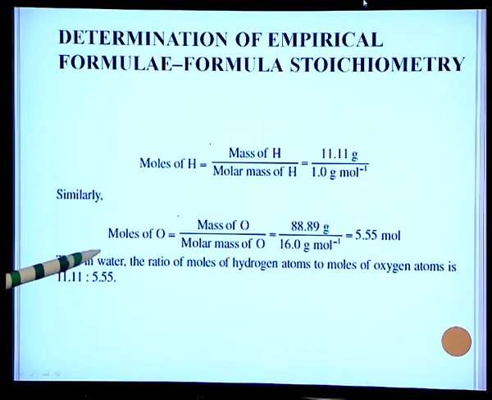Similarly, for oxygen, mass of oxygen divided by molar mass of O, that is 88.89 divided by 16.0 gram per mole, you will get 5.55 moles. So, we can simply say, thus in water the ratio of moles of hydrogen atom to moles of oxygen atom is 11.11 to 5.55.